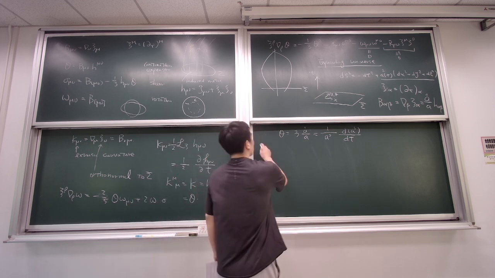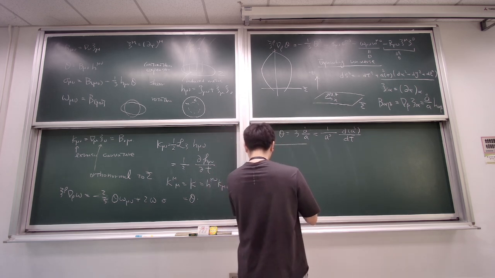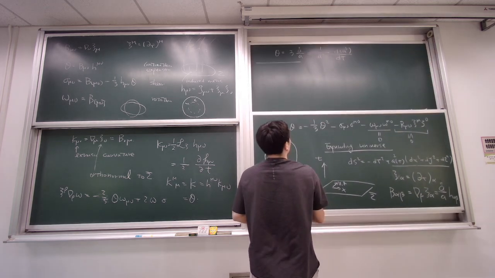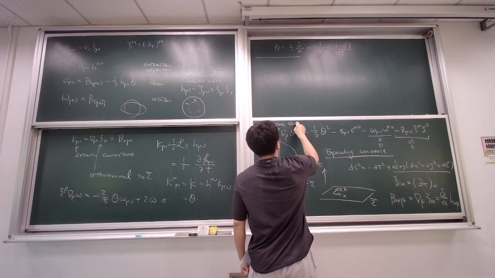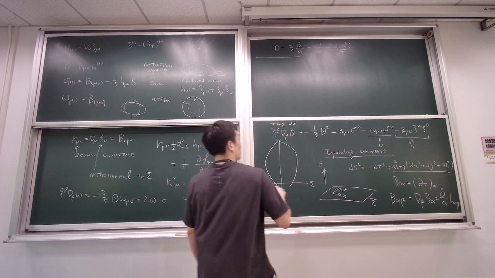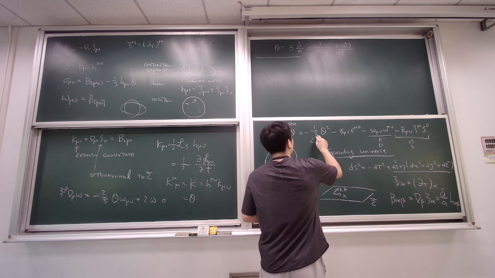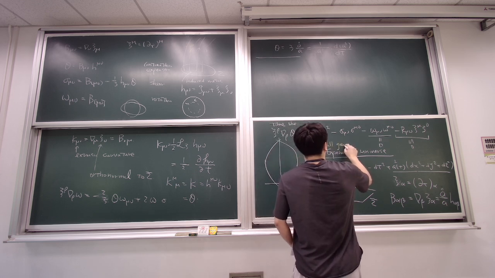And last time, the Raychaudhuri equation is something like over there. So this is timelike. And then for null geodesic congruence, this term will change from 1 over 3 to 1 over 2.